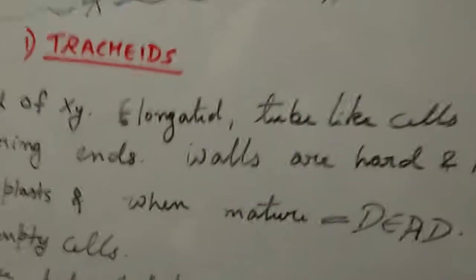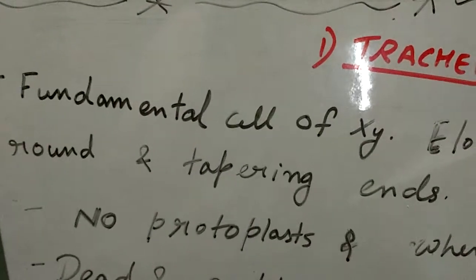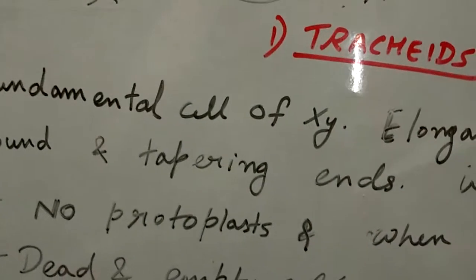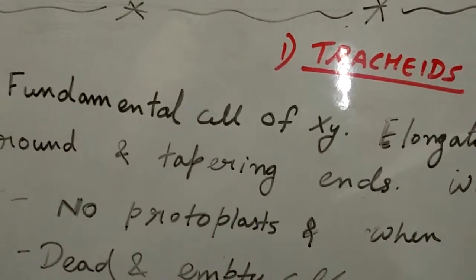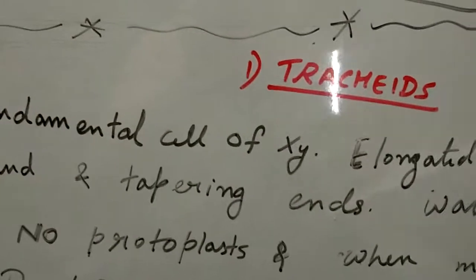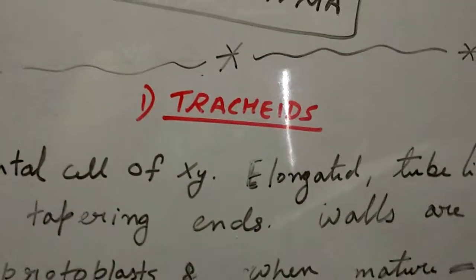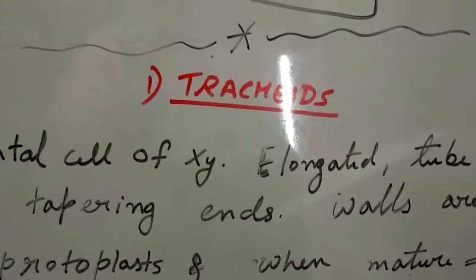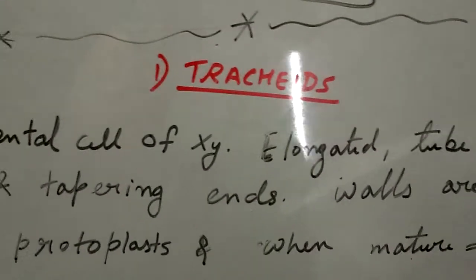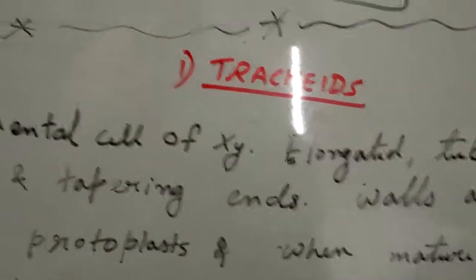Now there are the following types of tracheids: annular, spiral, reticulate, scleriform, and pitted. These are based on the arrangement of pits. Tracheids have bordered pits, and on the basis of the arrangement of these pits, they are classified into these types.